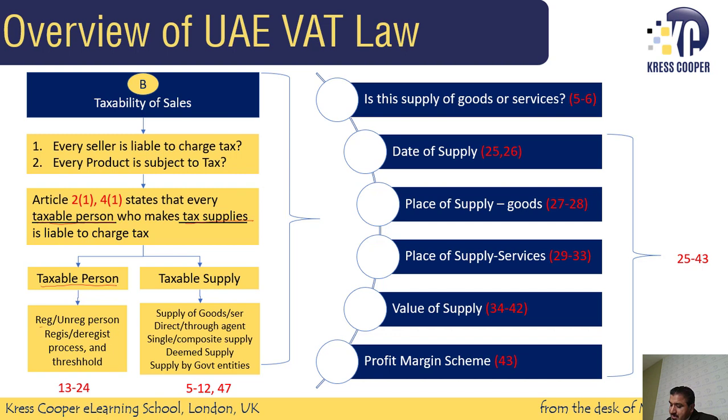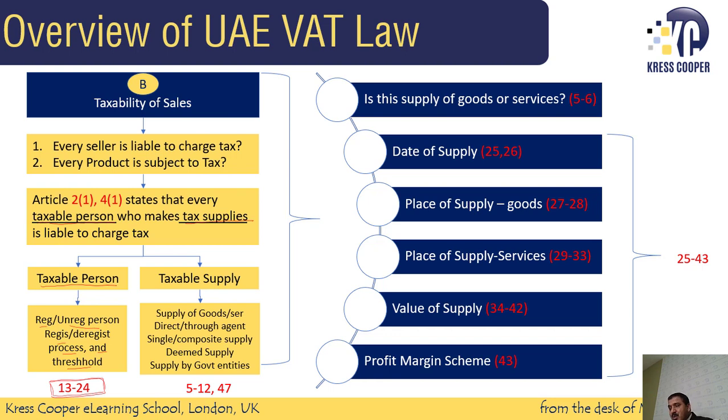All this registration matter, deregistration, process, mechanism, threshold, VAT grouping, and degrouping, we will discuss in Article 13 to Article 24 of the law. The next thing is the taxable supplies. Before understanding taxable supplies, we need to understand what is supply.